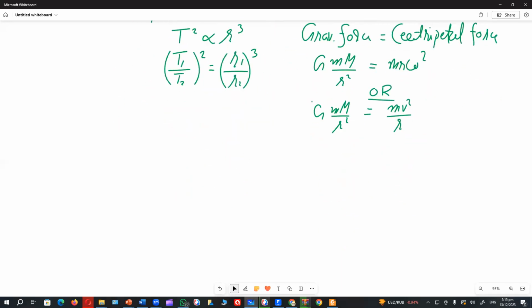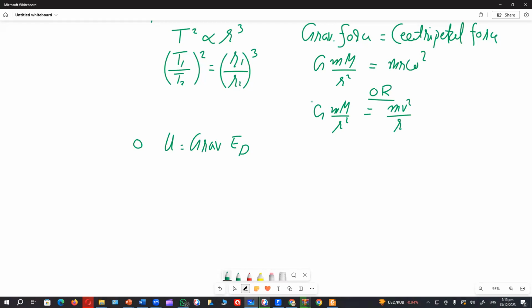Then I move to the next concept of this heavyweight chapter, that is U, which is gravitational potential energy. The concept is that every object is bound to stay in our gravitational field. So nothing can escape. Why can nothing escape?